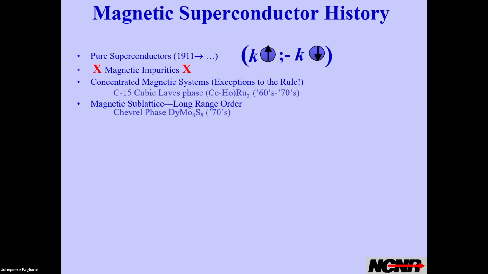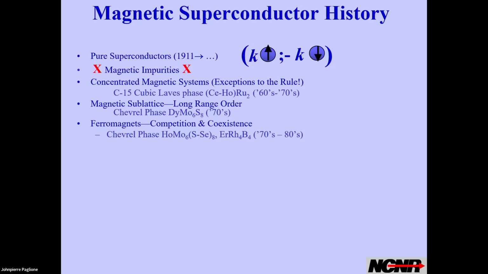So the understanding here is that the superconducting electrons that run on the moly sublattice just don't see the spin of the magnetic ion, and so they can coexist. And if it orders as an antiferromagnet, then there's no magnetization, so there's very little interaction with the superconductivity. Those were the first true magnetic superconductors that were discovered.